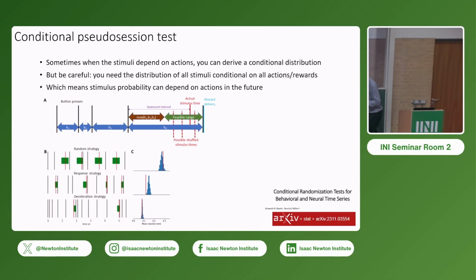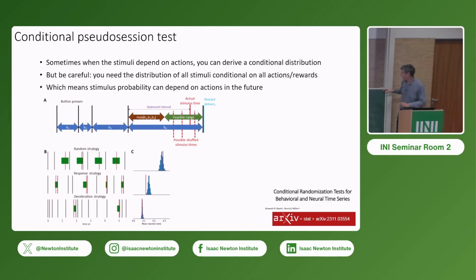And it turns out that in that case, you can derive the conditional probability of the light time conditional on the actions, and you can use a conditional randomization test that is exact. You've got one statistic that's observed of the reaction times, and then you can find an exact distribution for the conditional distribution of the stimulus time given the behavior, and then you can do a randomization test with that conditional distribution.